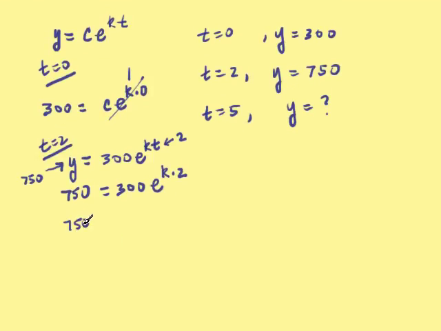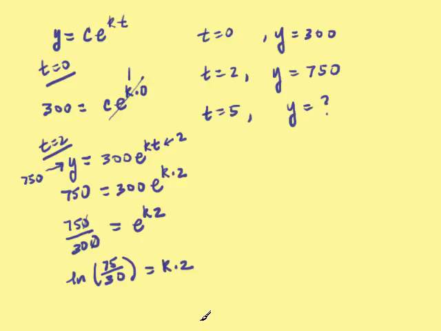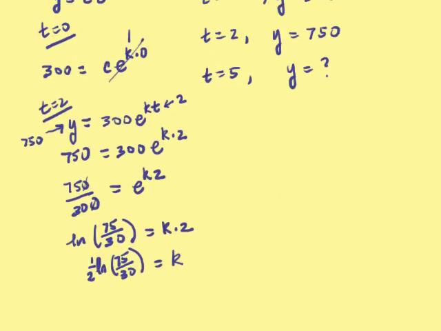So we have 750 over 300 is equal to e to the k2, and now we log both sides. So we have the log of 75 over 30 is equal to k2. And k is equal to 1/2 log 75 over 30. Let's just approximate this with the help of the calculator.